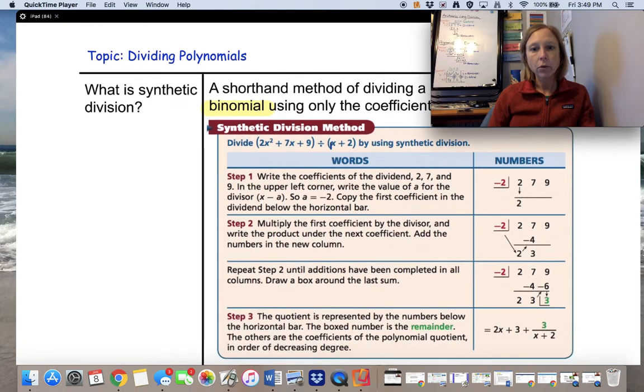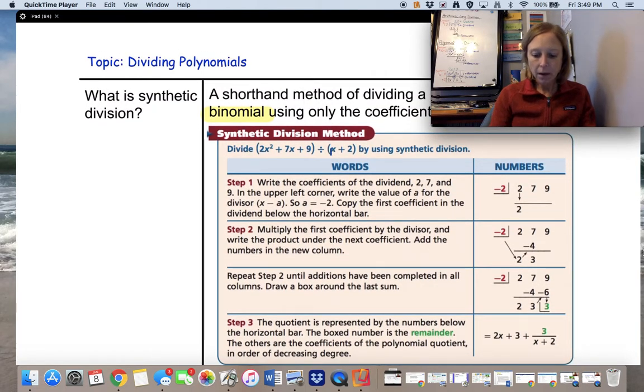So we're going to use this example that says divide 2x squared plus 7x plus 9 by x plus 2. Same rules apply, that it needs to be in standard form with no missing terms. We're good there. Now the first thing we do to set it up is we look at our divisor and we write down the opposite of the constant term in this little bracket off to the left, I'm sorry.